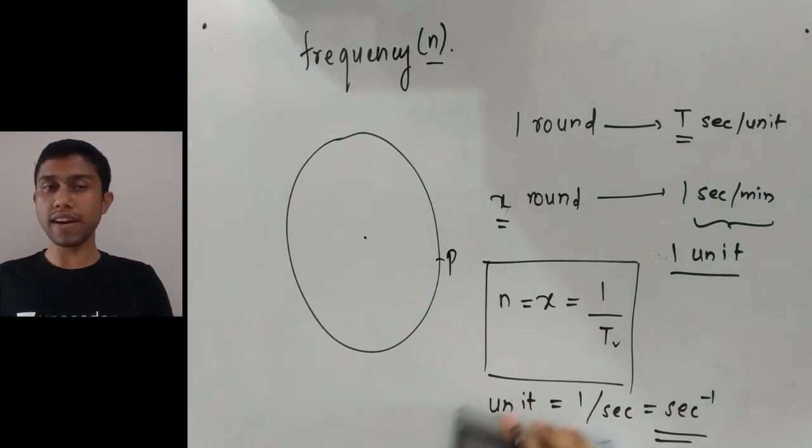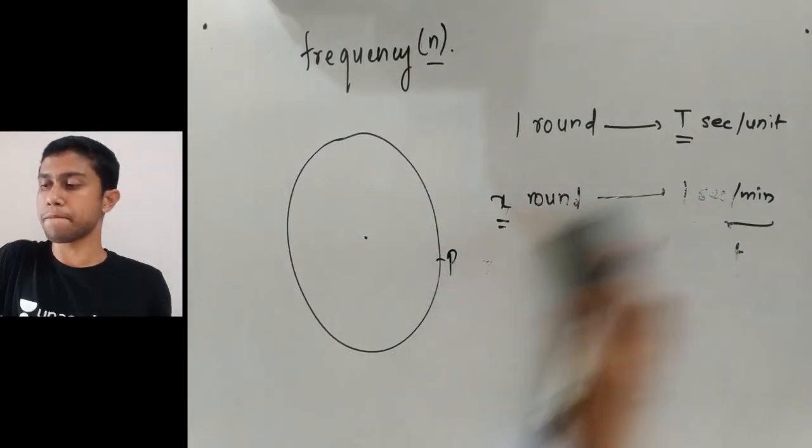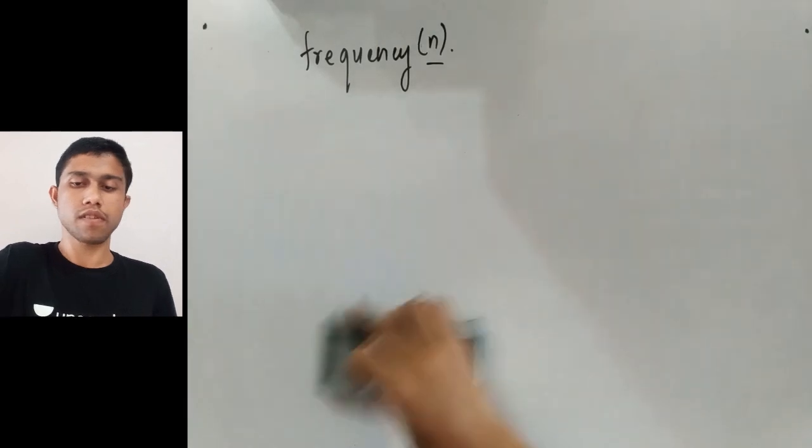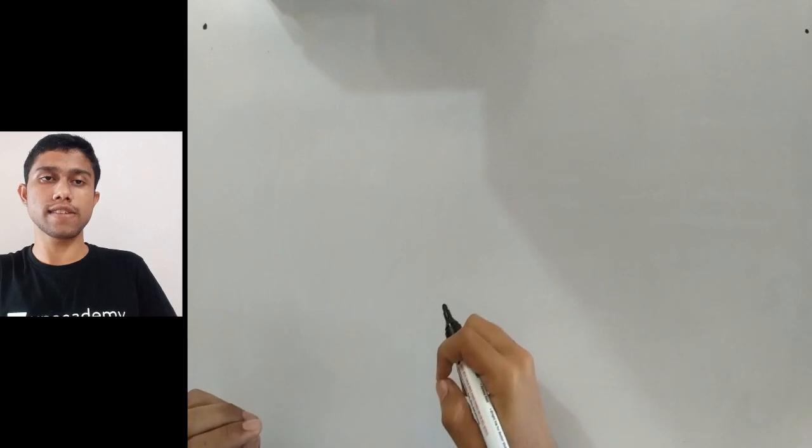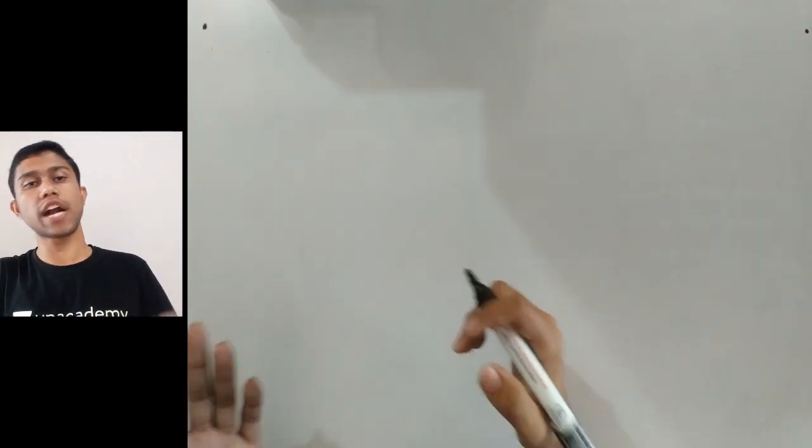Okay, now we are going to the next concept, that is the relationship between the angular velocity and the linear velocity. You have learned the linear velocity in the earlier classes in motion in 1D kinematics, and now at the start of this chapter you have learned what is the angular velocity.